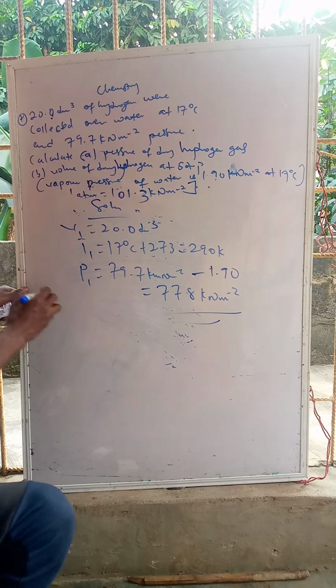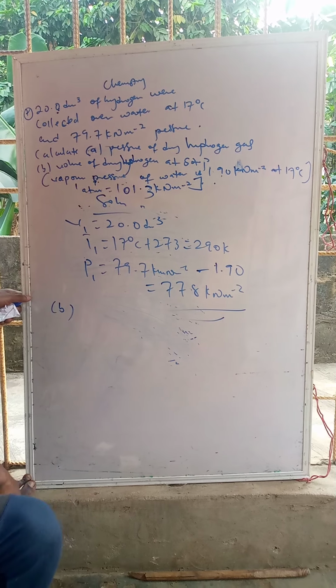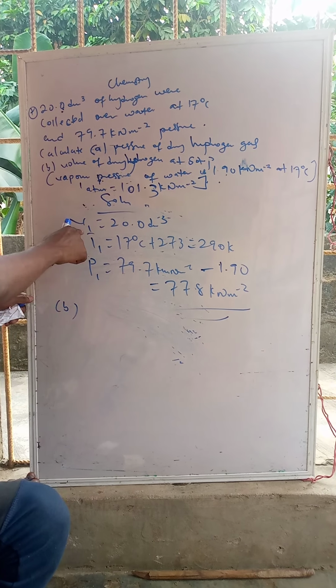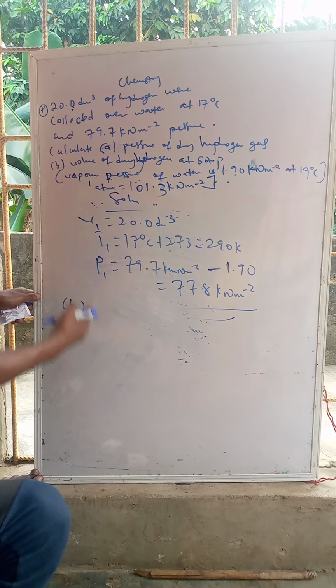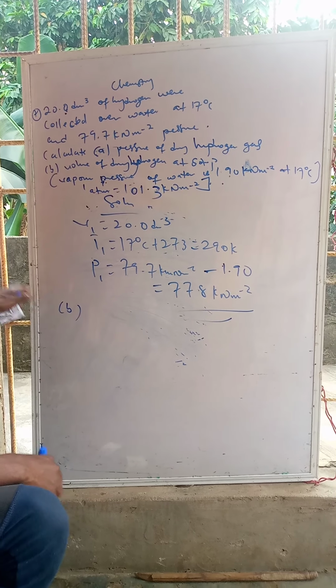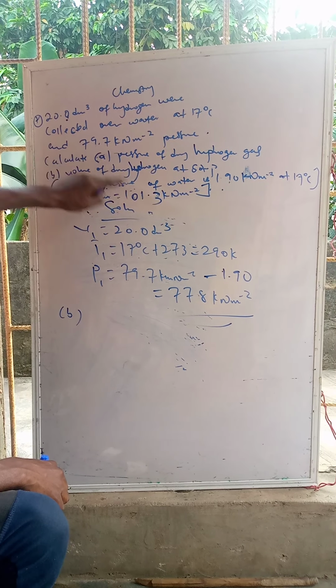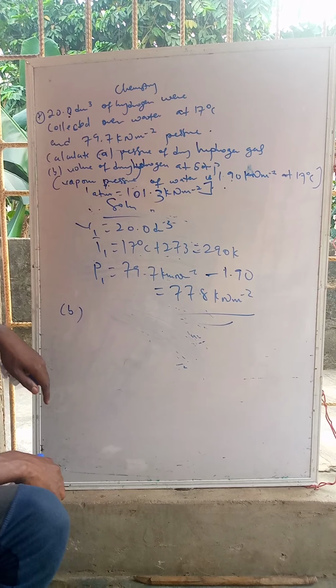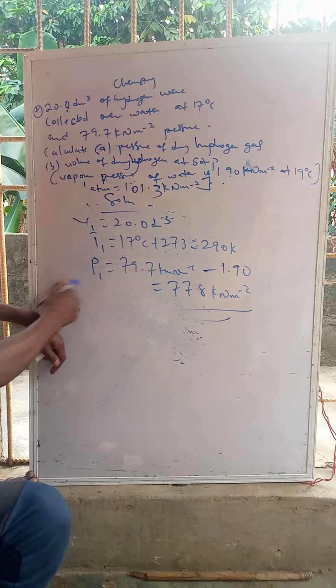That is for A. Then for B, how do we go about the volume of the dry gas? Of course, we have our V1, we have T1, and we have P1 now, which is 77.8. The 79.7 is not our P1. Our P1 is this minus this. So now, how do we get our P2?